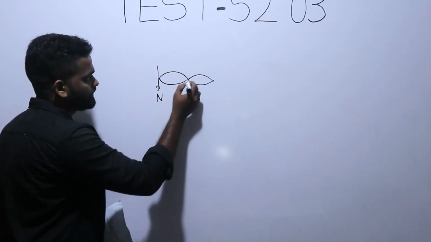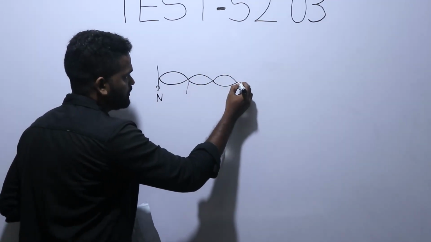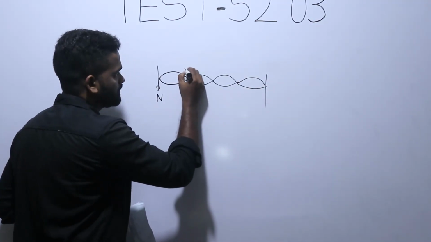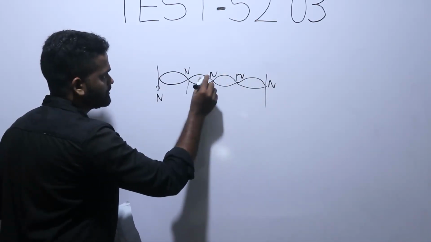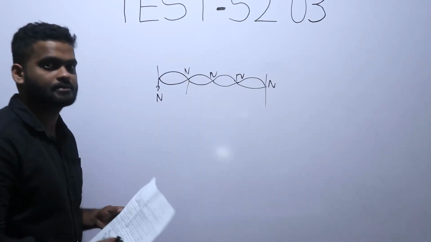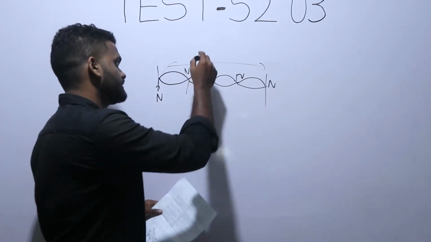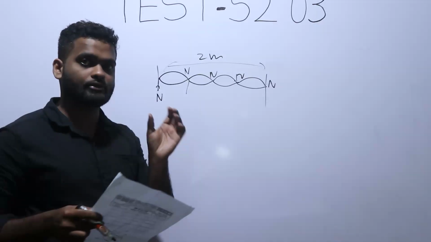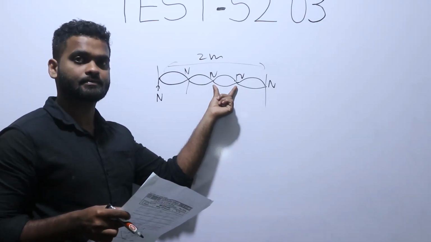So 2, 3, 4, 5. Okay, so this has 5 nodes: 1, 2, 3, 4, 5. The length of the string is given as 2 meters. What they ask is the distance between two consecutive nodes, so this is the distance between two nodes.